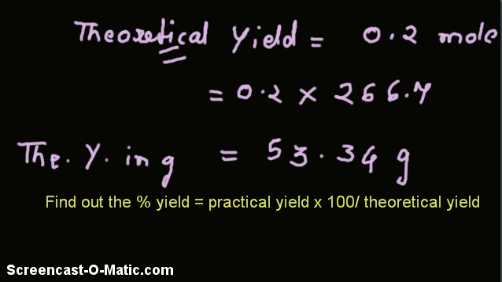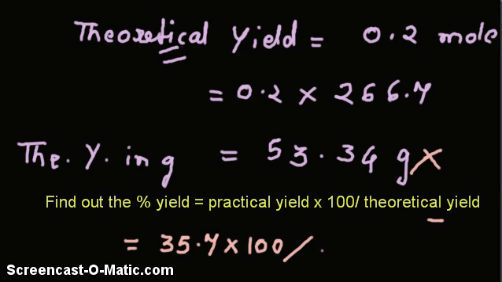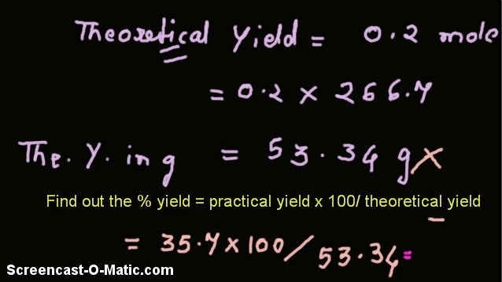So practical yield is 35.7 into 100 for percentage, and we divide this by the theoretical yield, which we just calculated, which is 53.34, and so the answer is equal to 66.9%. That is the answer.